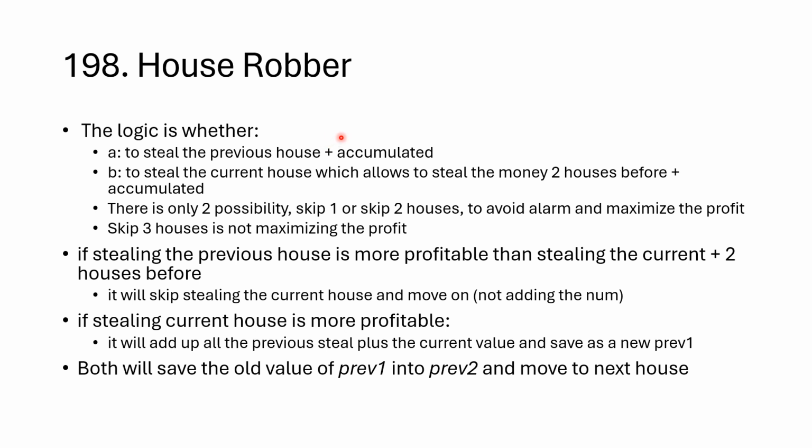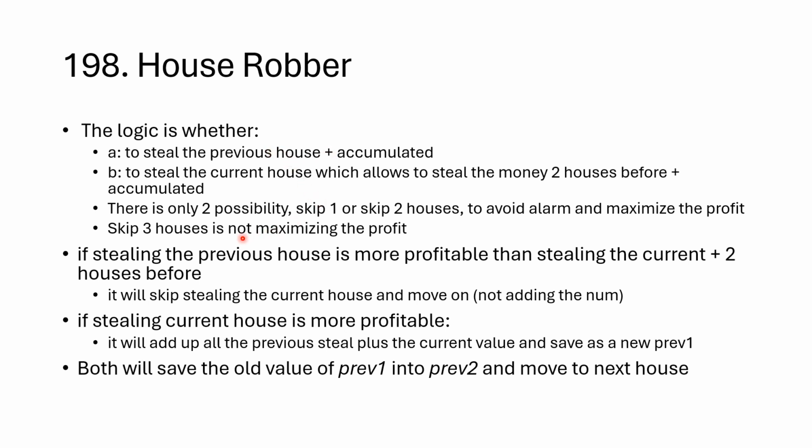For this, the logic is that either the robber keeps the accumulated amount from the previous house, or steals the current house, which also allows adding the money from two houses before, plus all the accumulation until then.